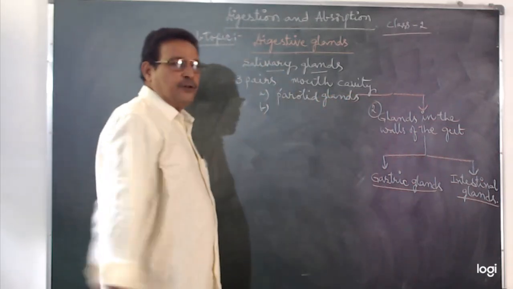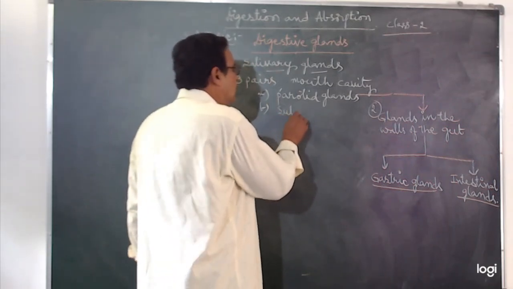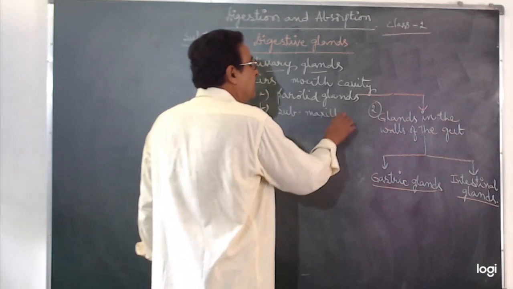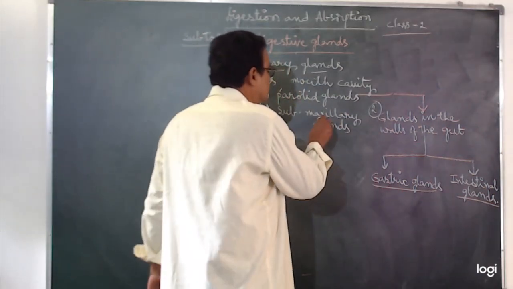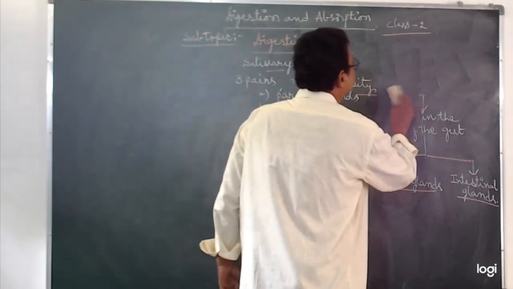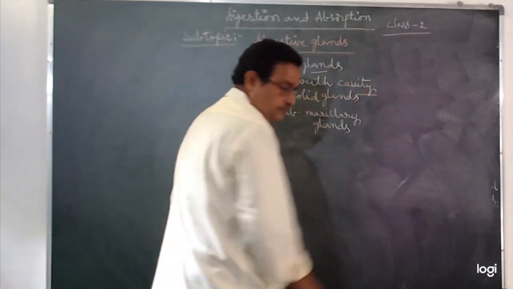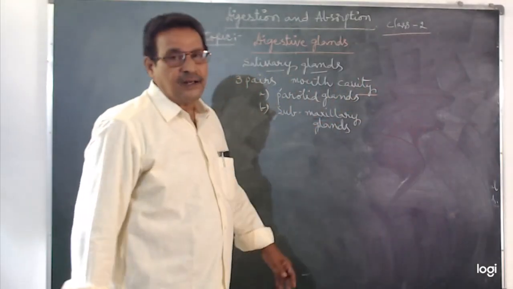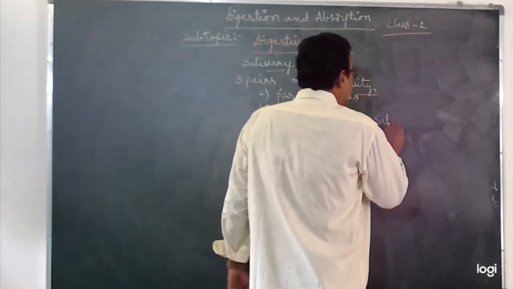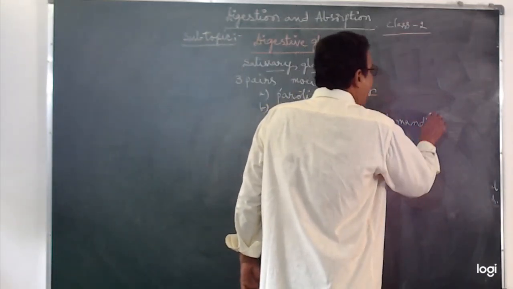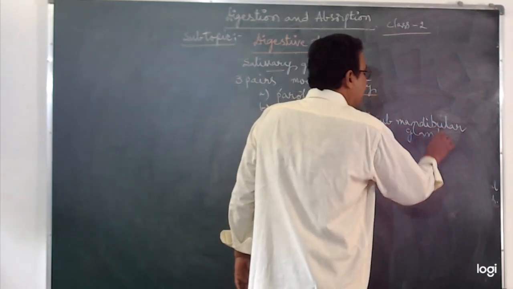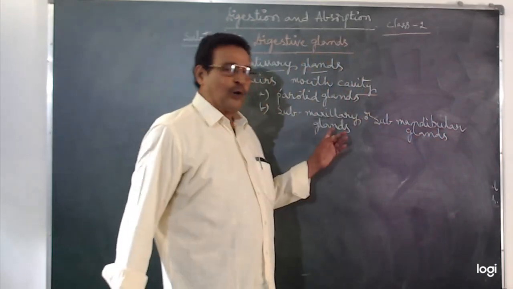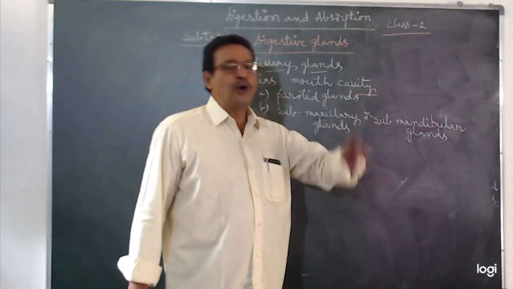and one pair of submaxillary glands. These submaxillary glands are also known as submandibular glands.